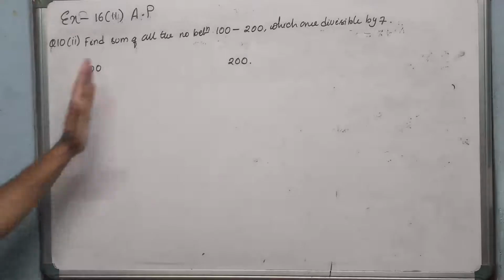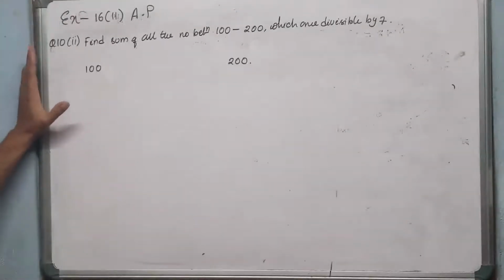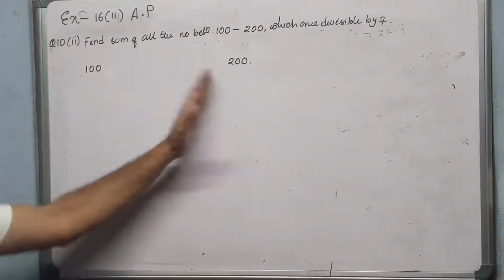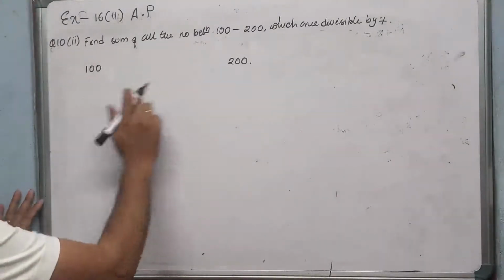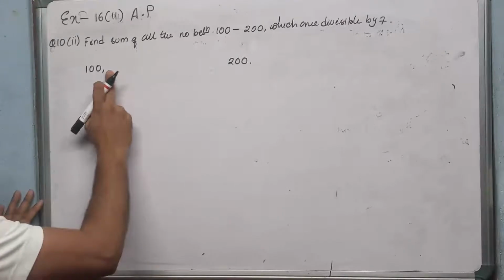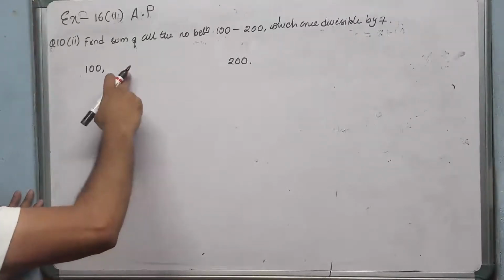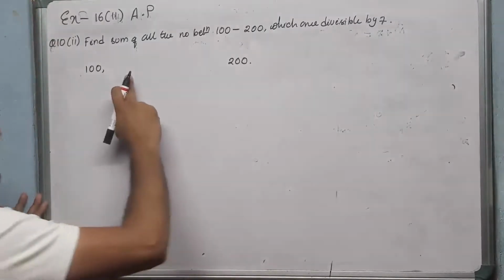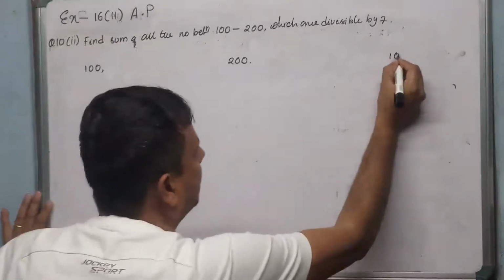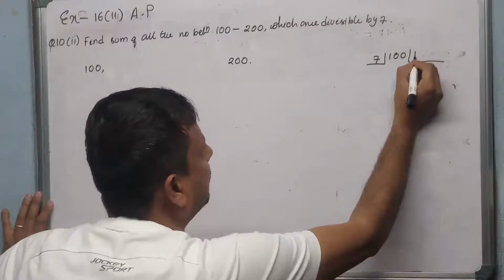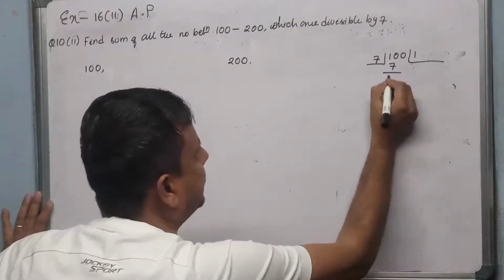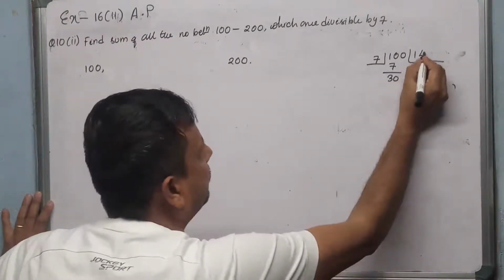In the case of 100 and 200, we can easily calculate these things, but if different numbers are given, you have to use a method. For the first number after 100 which is divisible by 7, the trick is there. You just divide 100 by 7. 7 ones are 7, 3, 7 fours are 28.